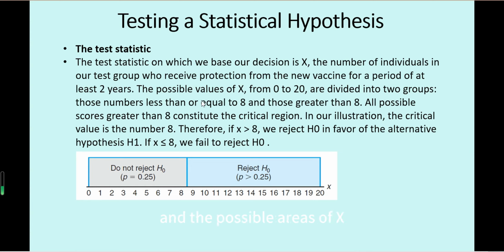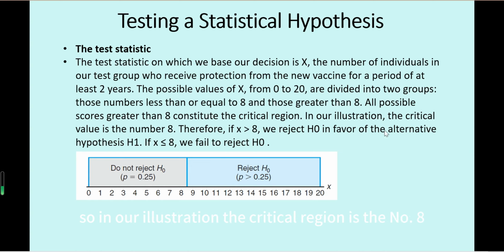The possible values of X can be from 0 to 20, right? And we divide this into 2 groups: those numbers less than or equal to 8, and those numbers greater than 8. All possible scores greater than 8 constitute the critical region. So this is the critical region, larger than 8, effective.